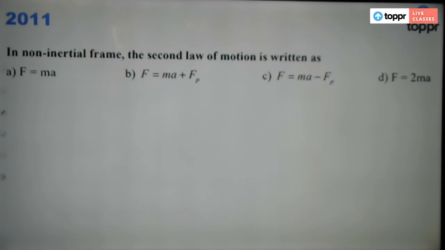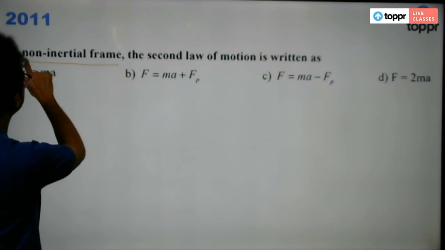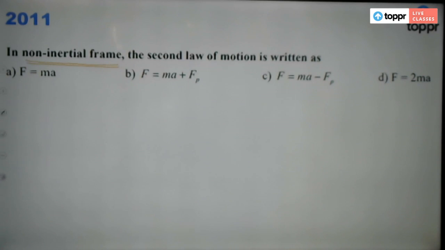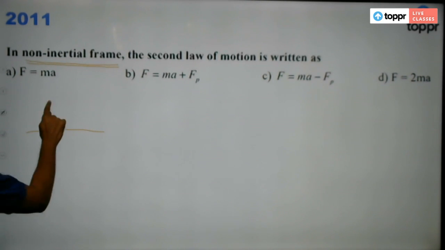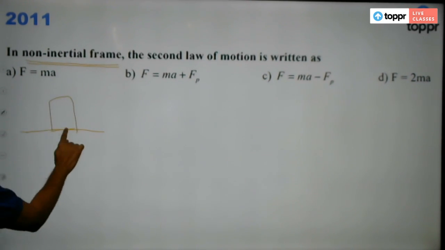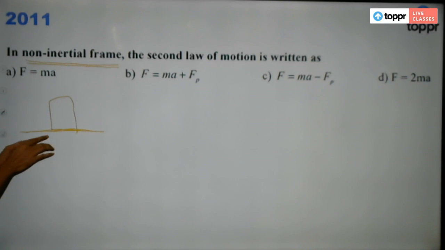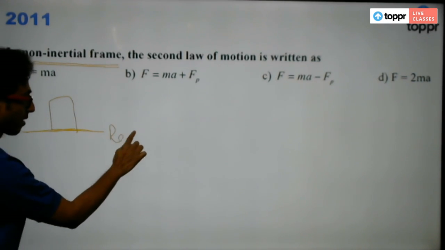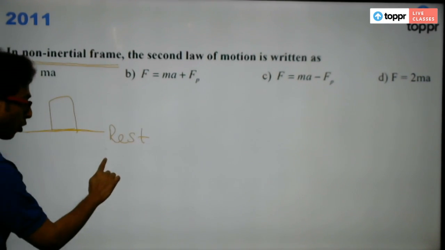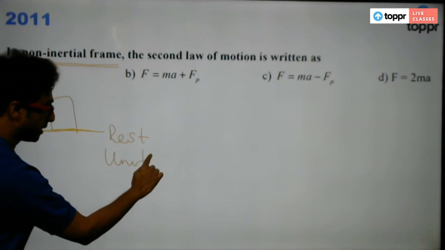Yeah. See, fourth problem, again we are coming back to the first topic that we are discussing: pseudo force and non-inertial frame. In a non-inertial frame, the second law of motion is written as... So what I said, if this frame is inertial, it means this frame is either at rest or moving with uniform velocity.